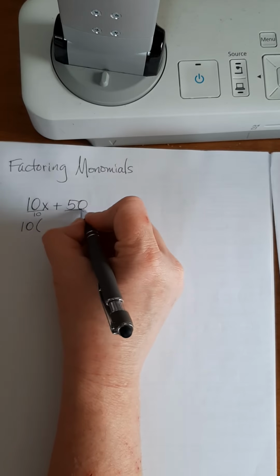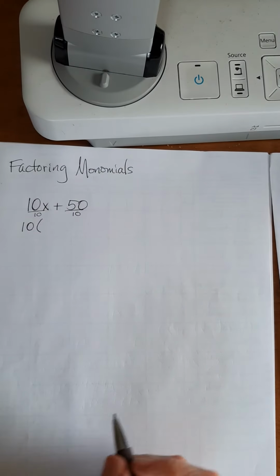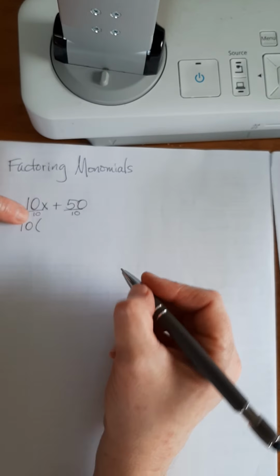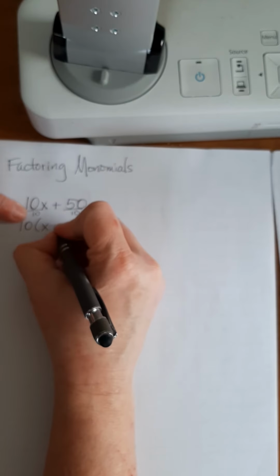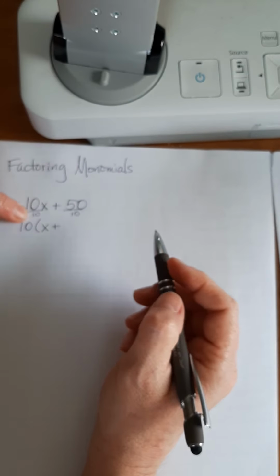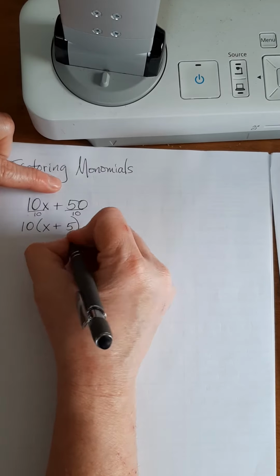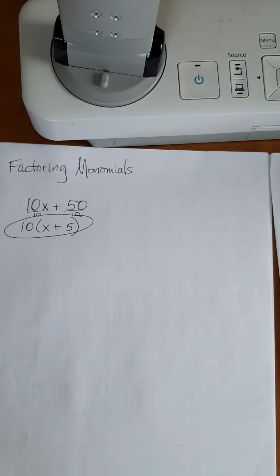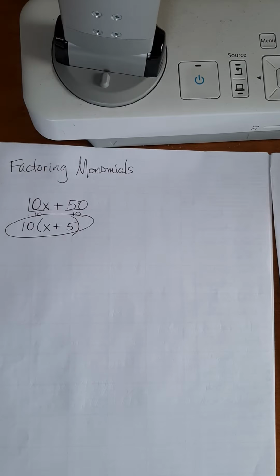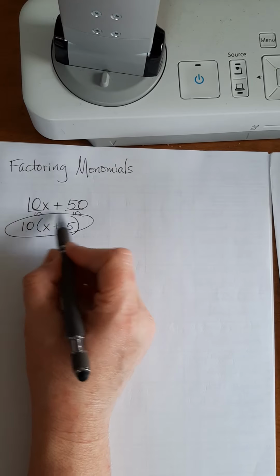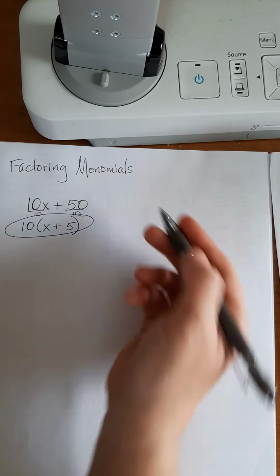In other words, literally if you were to put those over 10, 10x over 10 is just x. Bring down the plus. 50 divided by 10, 5. And the good thing about factoring is you can always multiply it back out and check your answer. 10x plus 50. And you've got it.